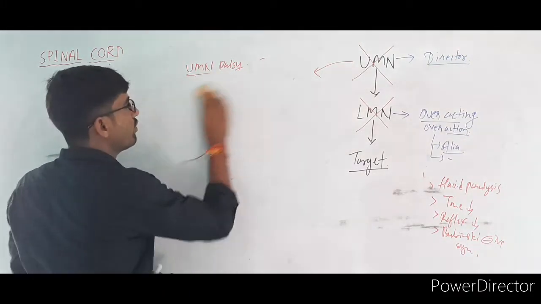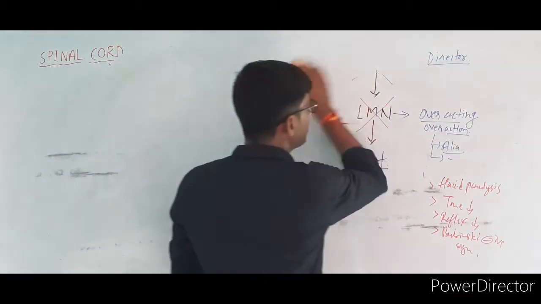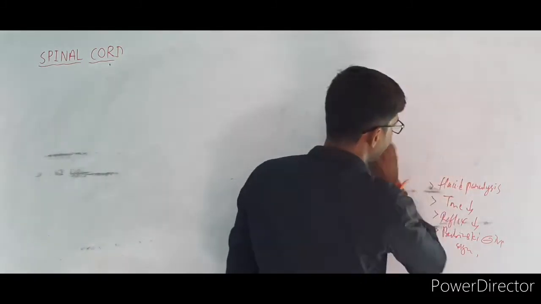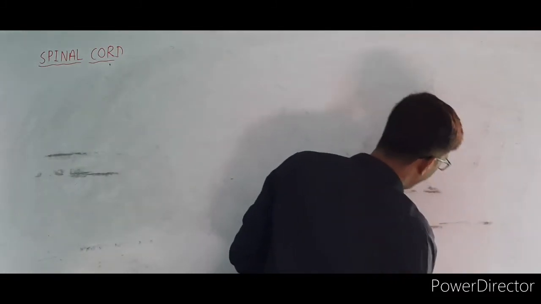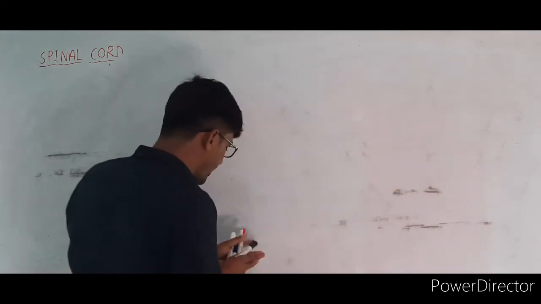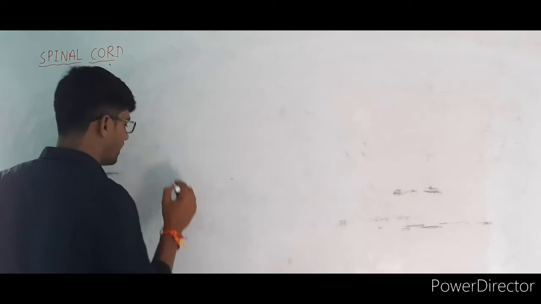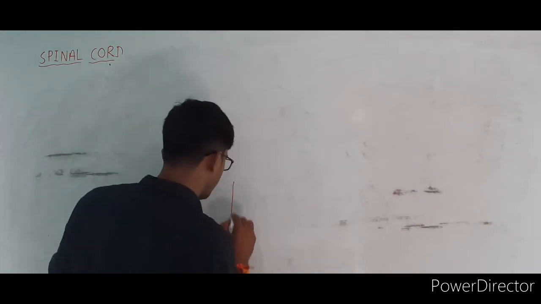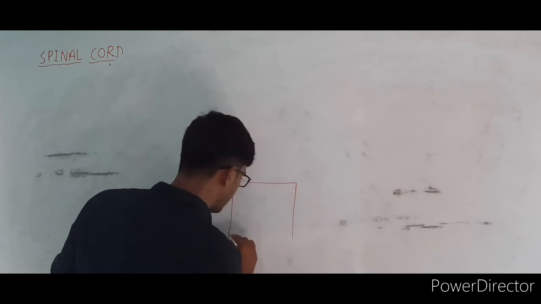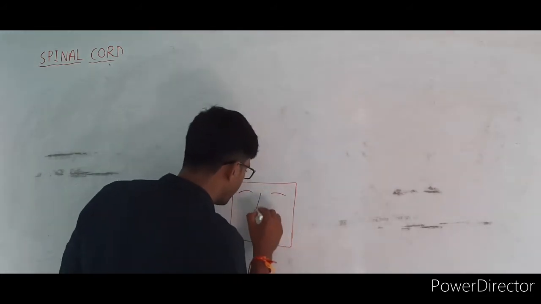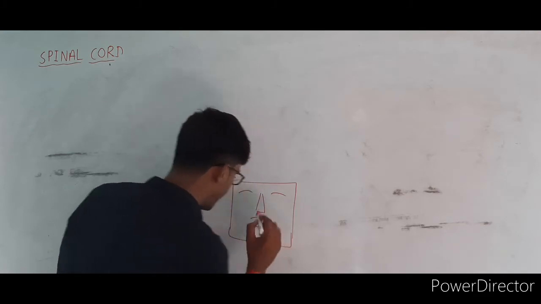Now we are going to see upper motor neuron and lower motor neuron palsy in the facial nerve. Concentrate very well so you can understand. Here is your beautiful face. Here is the eye, the nose, the mouth.